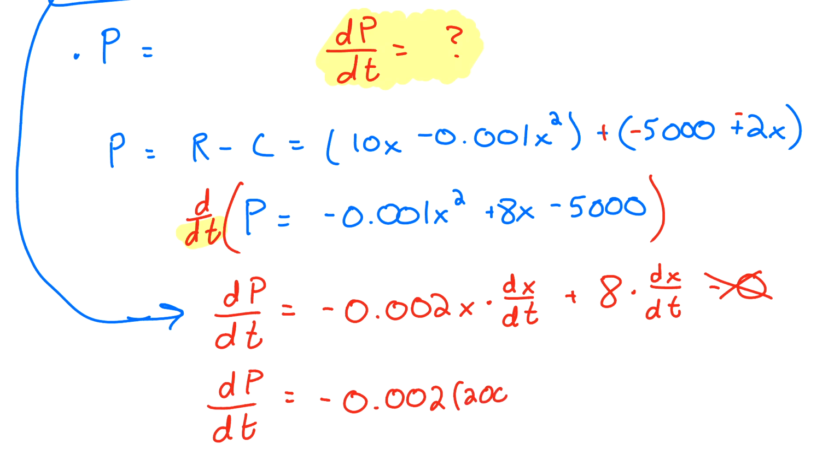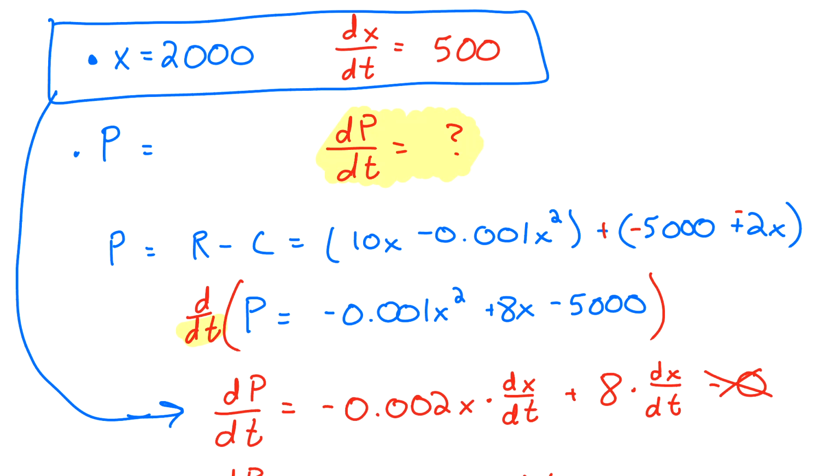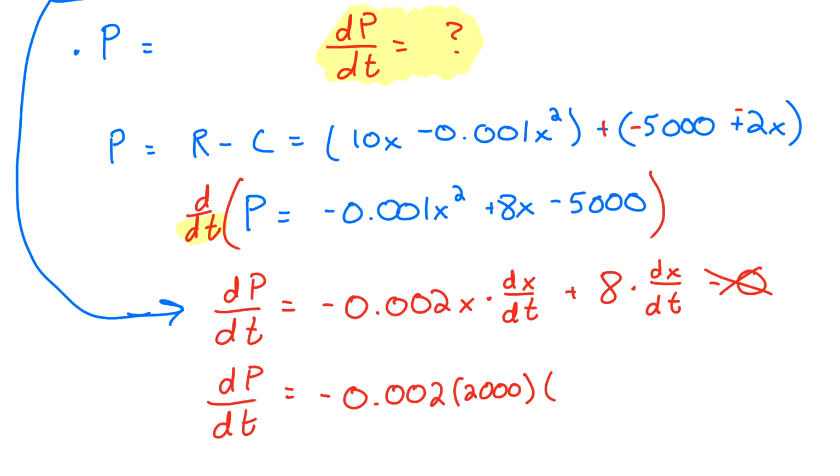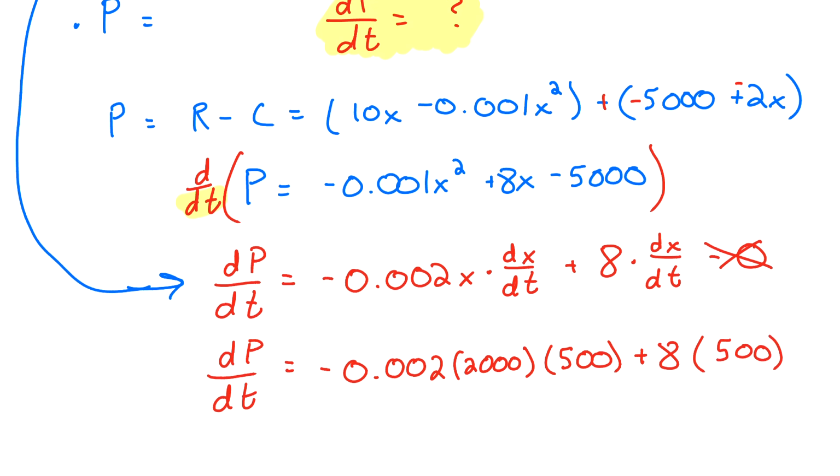So times 2,000 times dx over dt. Dx over dt, we said that was 500. Plus 8 times dx over dt. We've got another one, so that means we're also going to plug 500 in here.